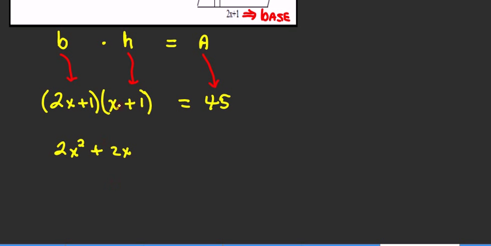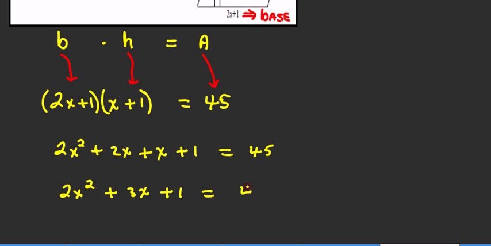Then we take the 1 times x and get x, and 1 times 1 is 1, and that's still equal to 45. And we combine the terms in the middle, we get 2x squared plus 3x plus 1 is equal to 45.